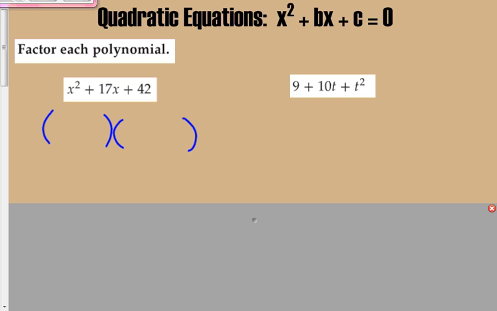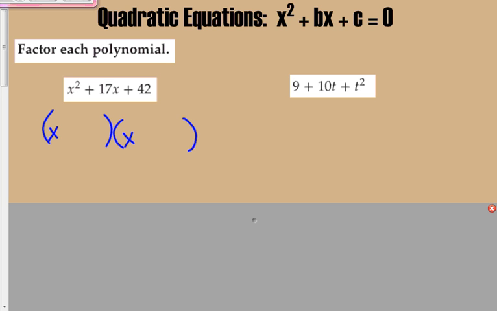Now when you go to factor these, you're going to pay attention to your first and your last term to begin with. X squared means there will be an x in each binomial because x times x makes x squared. Now look at your last number, your 42. In this situation, we know that the last two numbers in our binomial multiply to get 42.